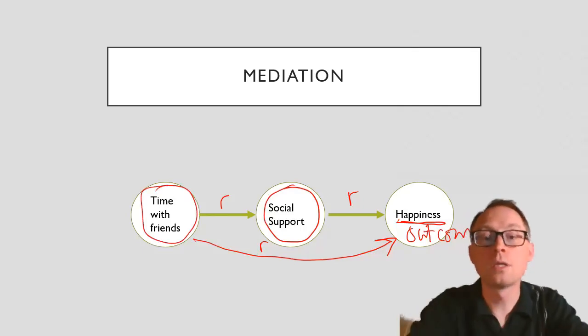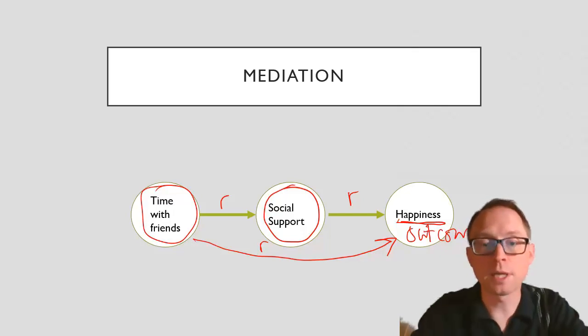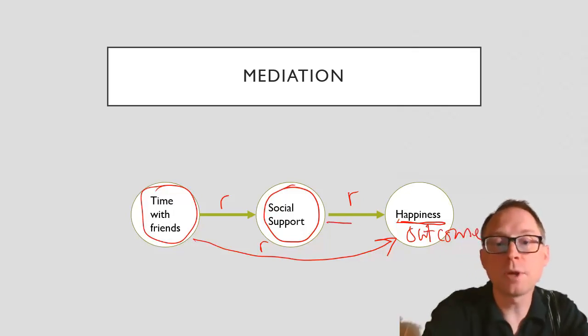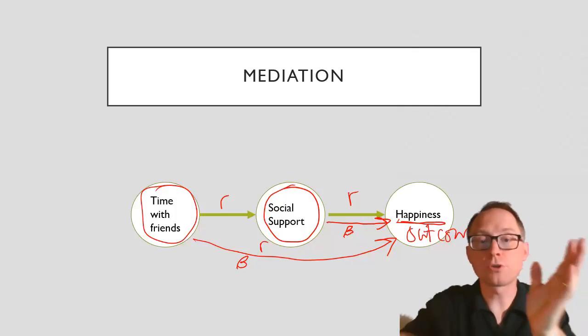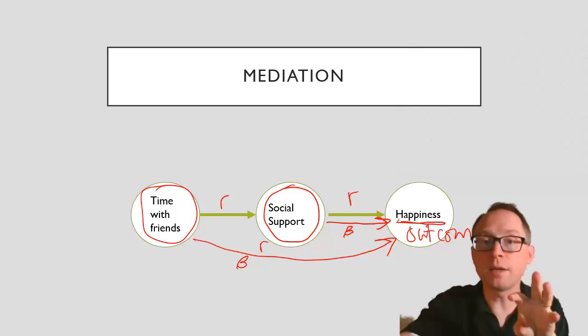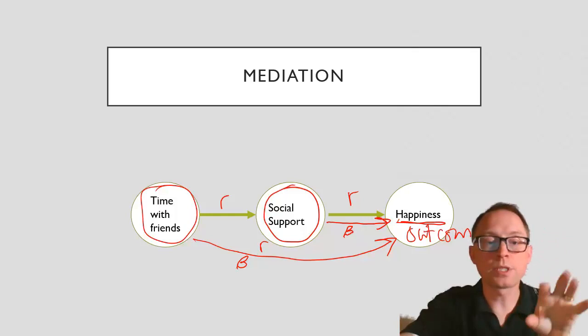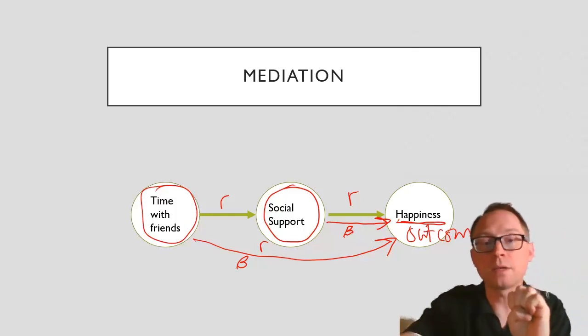Those are 2 separate predictors, and so we're going to have 2 separate beta weights. Specifically, we'll have a beta weight here, and we'll have a separate one here. Meaning, there'll be a beta weight saying, what is the effect of social support on happiness independent of time with friends? And a separate one that says, what is the effect of time with friends on happiness independent of social support?